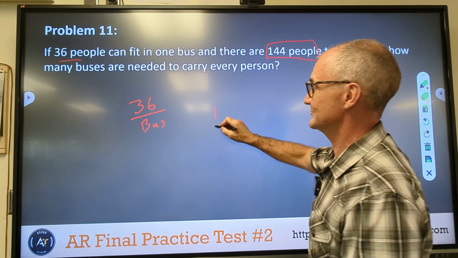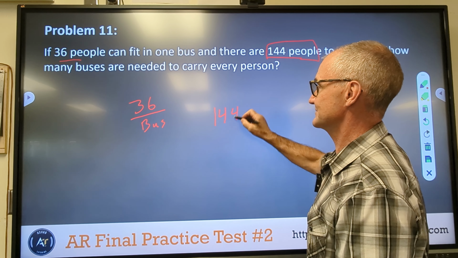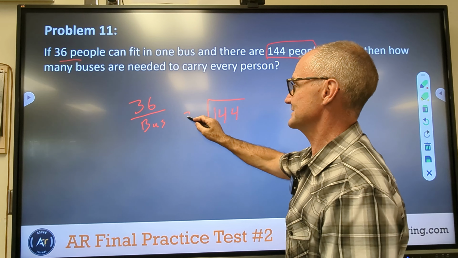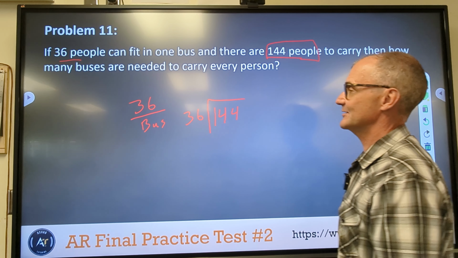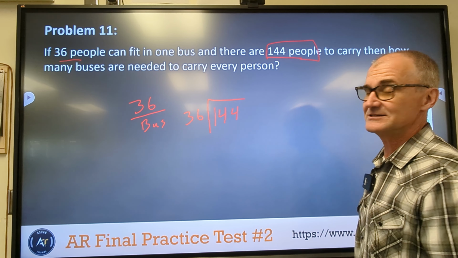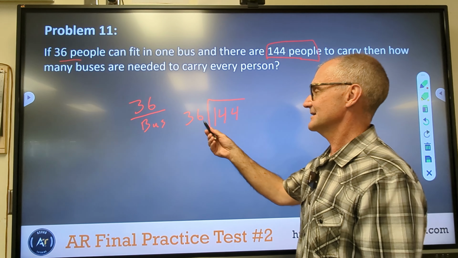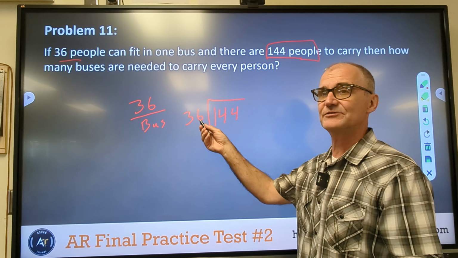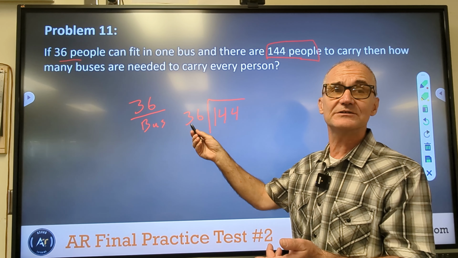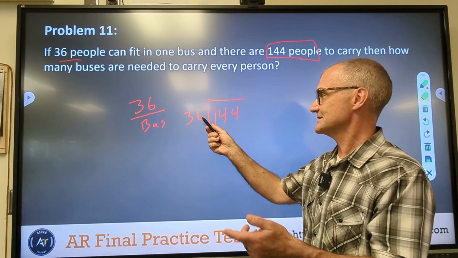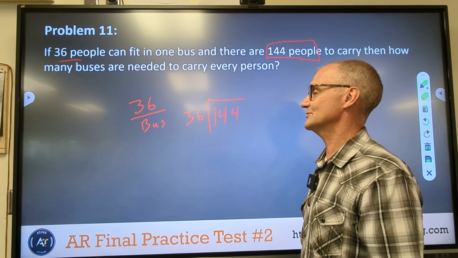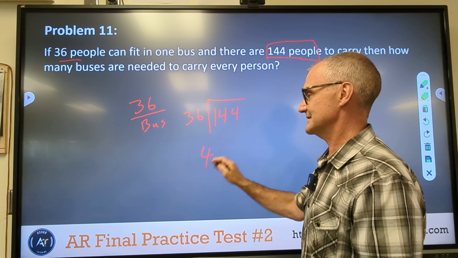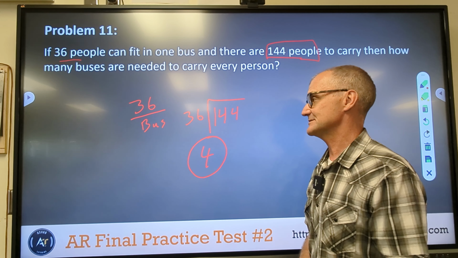So I'm going to do the 144 divided by 36 to figure out how many buses I need. It's a no calculator test. It looks like it's just going to go 36 times 2 is 72. 72 times 2 is 144. So I could see I'm going to need 4 buses.